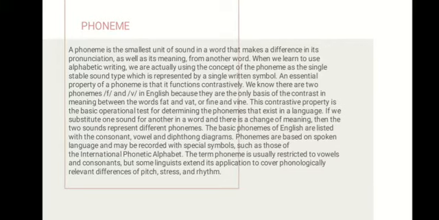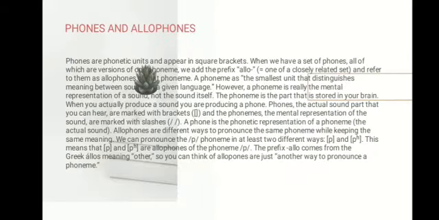Phones and allophones. Phones are phonetic units and appear in square brackets, where we have a set of phones, all of which are versions of one phoneme. We add the prefix allo, meaning one of a closely related set, and refer to them as allophones of that phoneme.